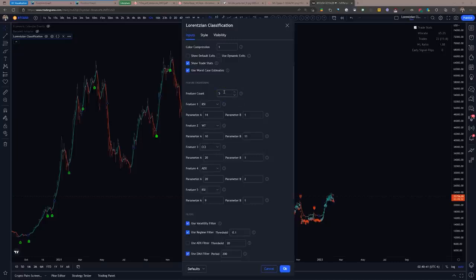I always recommend, if you're trying to calibrate to a newer time frame, like a fast time frame, and you're trying to figure out what features to use, or maybe you suspect that there's some better combination that I don't have here, start off at 2 features. Usually RSI and wave trend make a pretty dynamic duo, but you could even make it more simple, with fewer moving parts, and start off with just a pure RSI indicator.